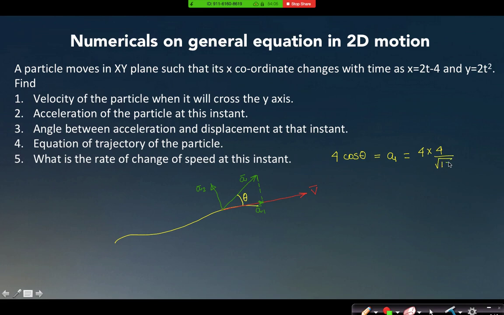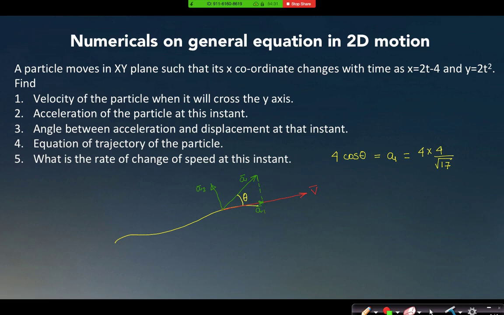Can you check what was the answer for the rate of change of speed? 16 by root 17. Why did you get this value? Because the component of the acceleration along the velocity vector is responsible for changing the magnitude of the velocity vector.